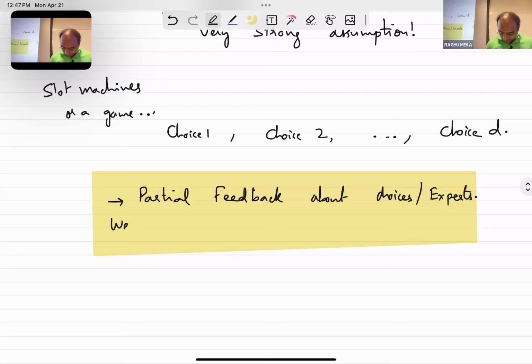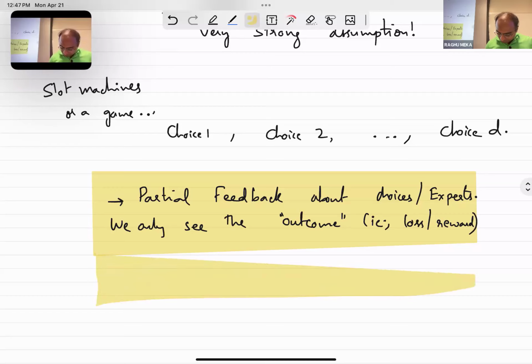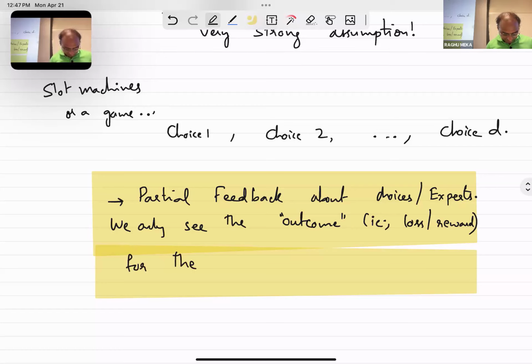So we only see the outcome, that is loss or reward, for the action we took. We don't see the losses or rewards of the actions or choices that we did not take. Okay?